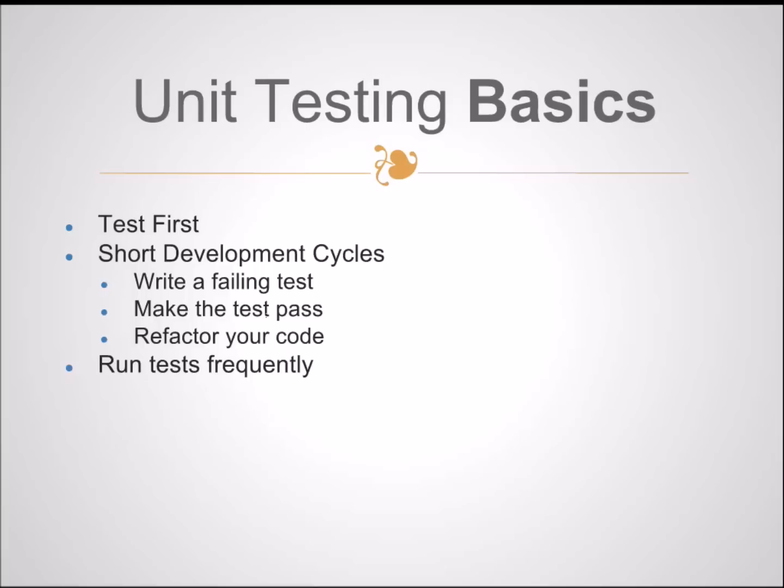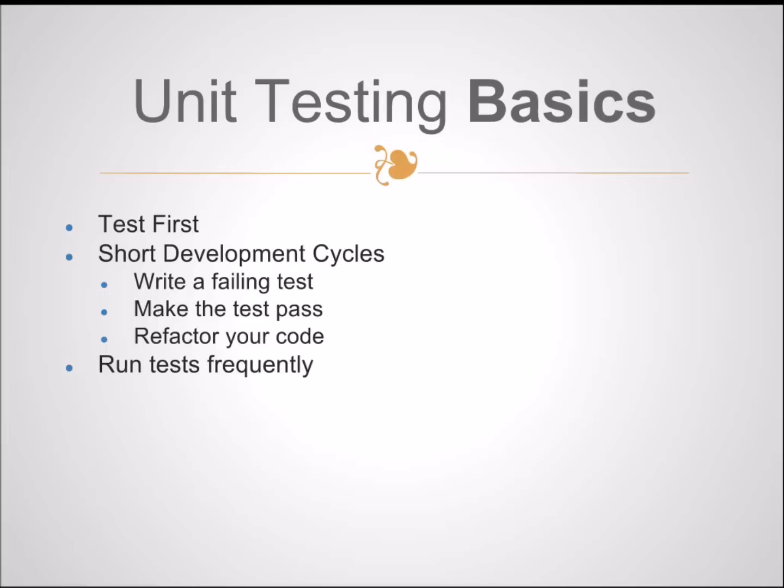So this is the way we usually write tests. We write the test first, so our test is first a failing test, and so we've written a test and there's no method to test. Then we make the test pass. Then we look and we refactor our code and make sure that we wrote our code in the most elegant way possible, and then make sure that our tests continue to pass after we refactored.